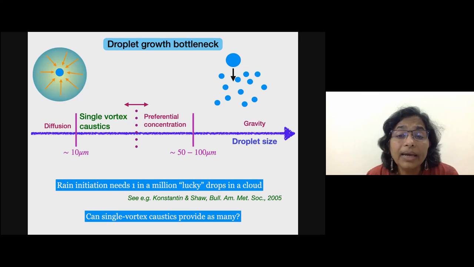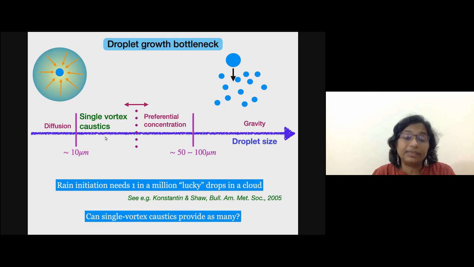And so in this droplet growth bottleneck problem, we need this single vortex caustics. That's the case I'm going to make. And here you'll see that if you have 1 in a million lucky drops in a cloud, that means 1 in a million drops are somehow much bigger than others in a cloud, then this is well known to be enough for rain initiation to happen.